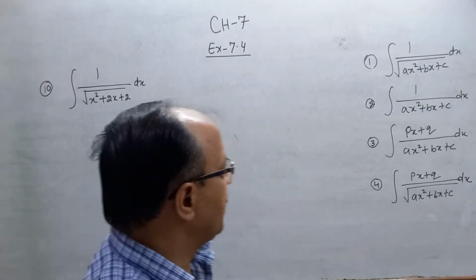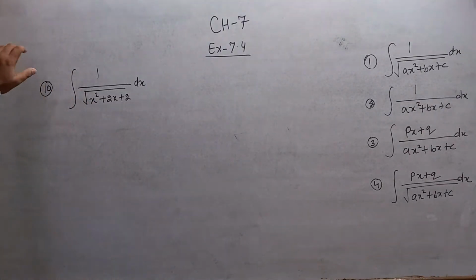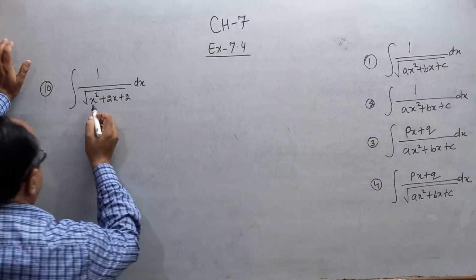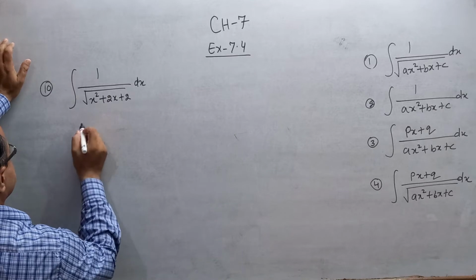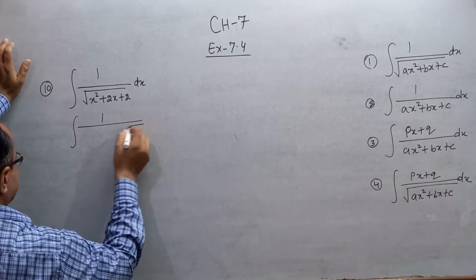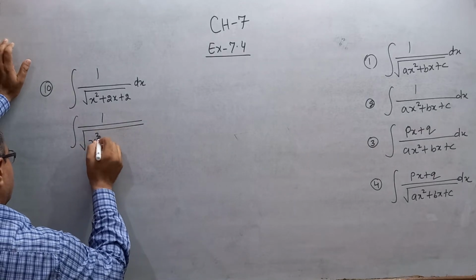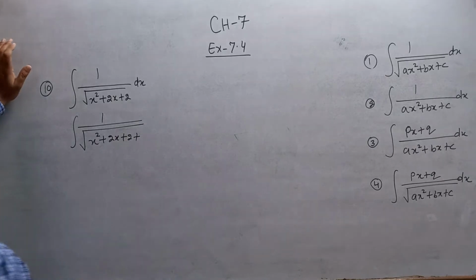Clear? So the question is 1 upon root quadratic. Firstly, make it perfect square. The first condition, the coefficient of x square should be 1. So it is already 1. Now add and subtract what?